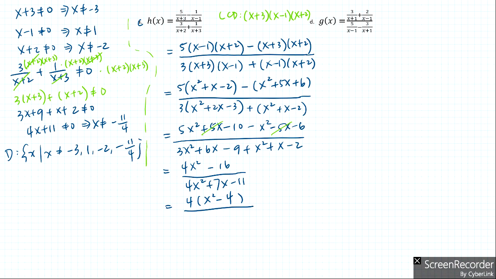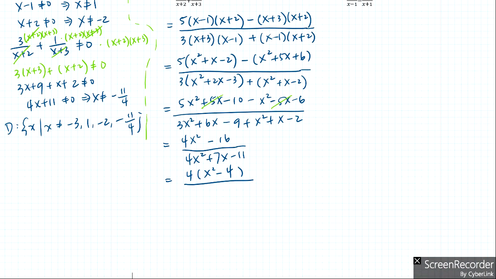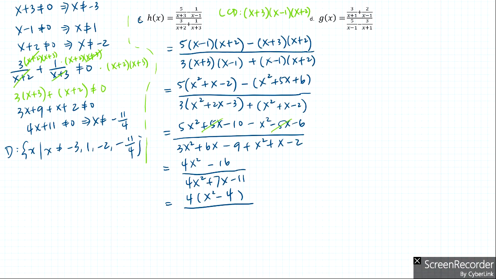Now on the denominator, we can look at the AC method possibility, and we get a times c is equal to 4 times negative 11, which is negative 44, and basically that tells me the product is negative 44.